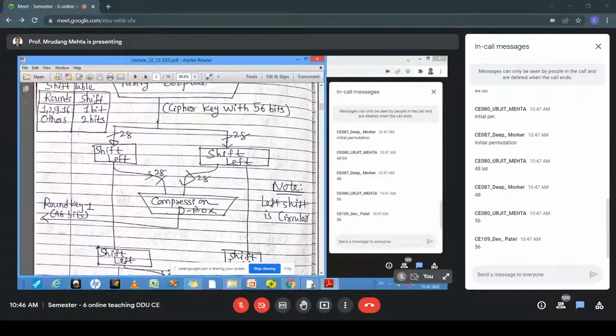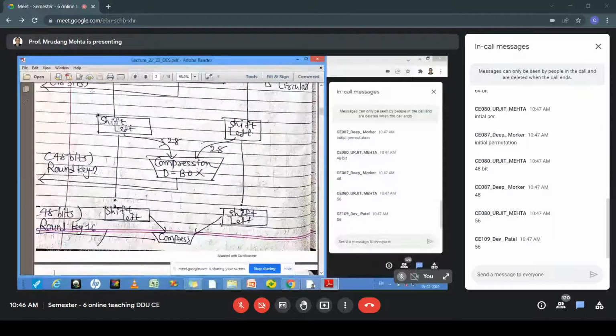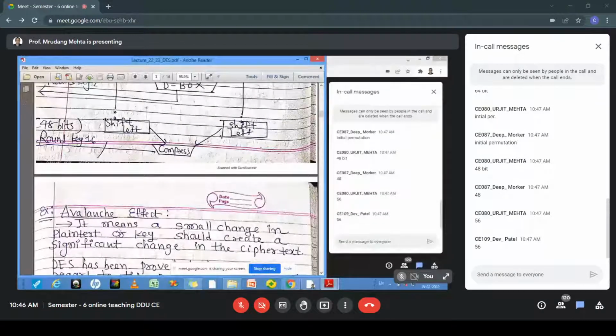So parity dropout drops 8 bits and generates 56 bits. This goes through shift left of the two halves, and then the compression D-box converts it into a 48-bit key, which goes as input to round 1. Rounds 1, 2, 9 and 16 follow a 1-bit left shift, and the others follow a 2-bit left shift, and this goes through all 16 rounds to give each round's input, right?